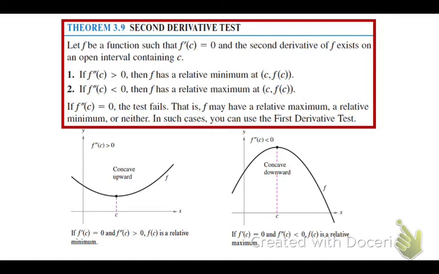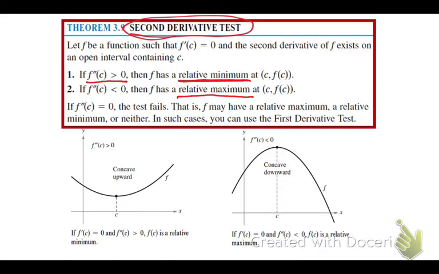Okay, so this is the second derivative test. The second derivative test tells me relative min or max. We know that when it changes from increasing to decreasing, that's a max, and when it changes from decreasing to increasing, that is a minimum. So we will already be looking at that, but the second derivative test is just to back us up. So if the second derivative is greater than 0 at some constant, when we do our interval analysis, then it is a relative min.